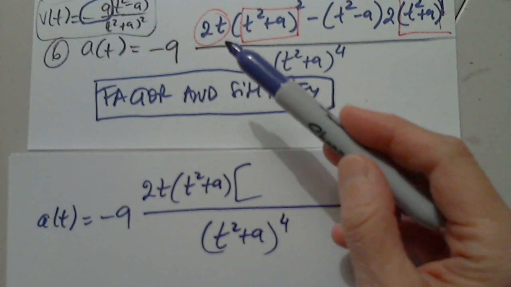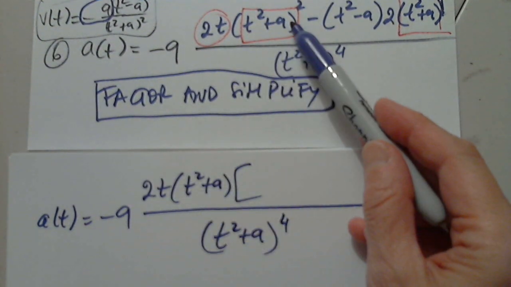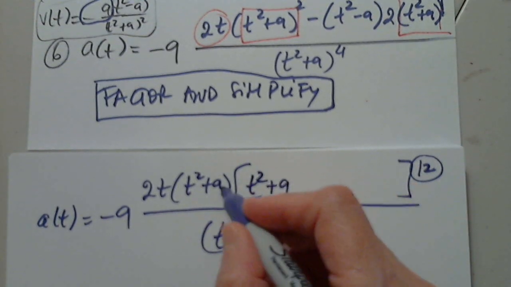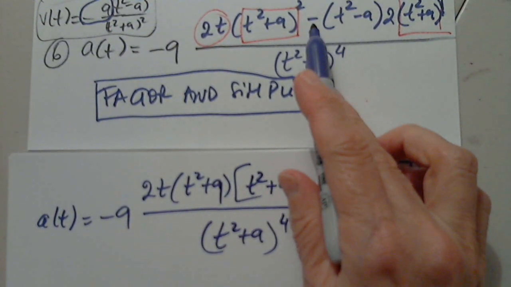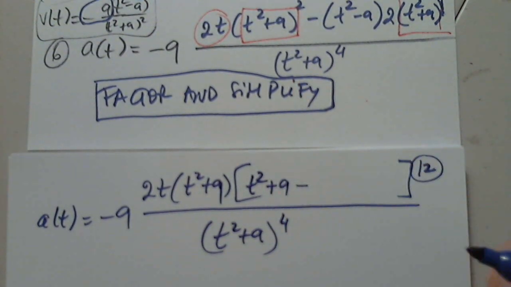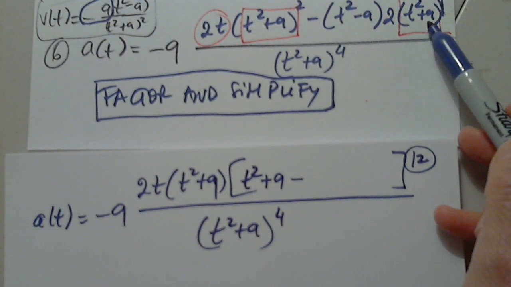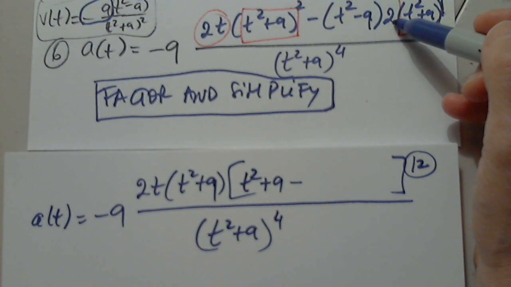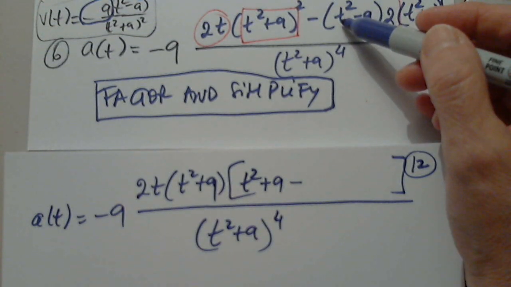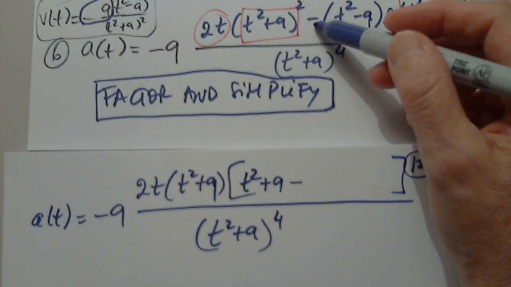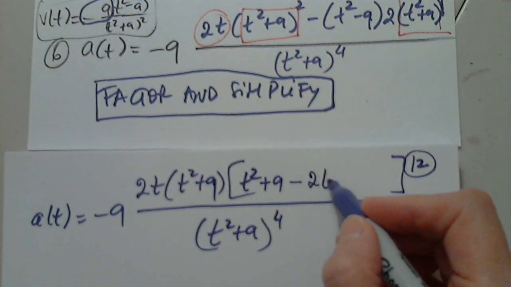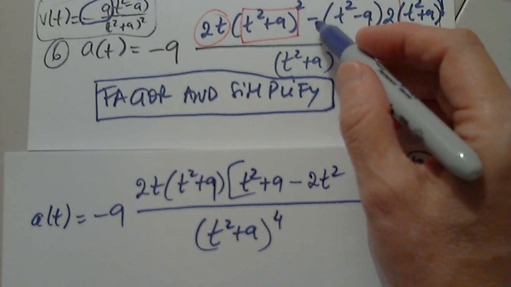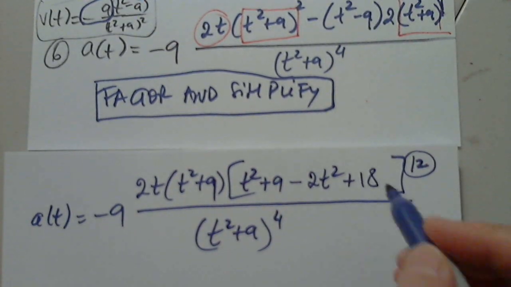Okay, 2t is out, one of these two is out, but one of them is still left in. I reach the point of minus. This is out, but I still have t squared minus 9 times 2. 2 times t squared is 2t squared with minus in front. 2 times negative 9 is negative 18, but with minus in front is positive 18.